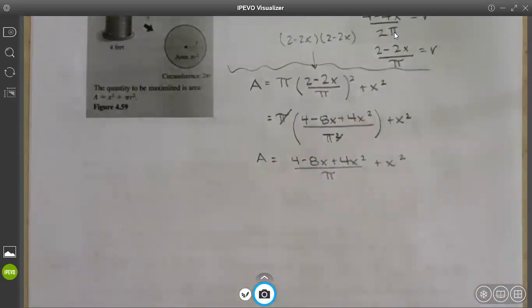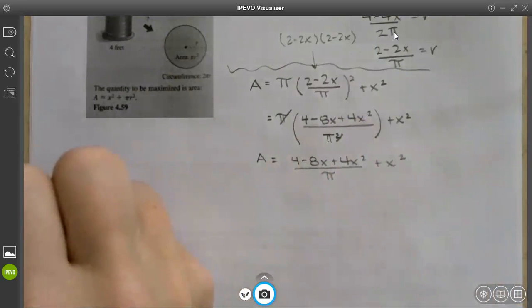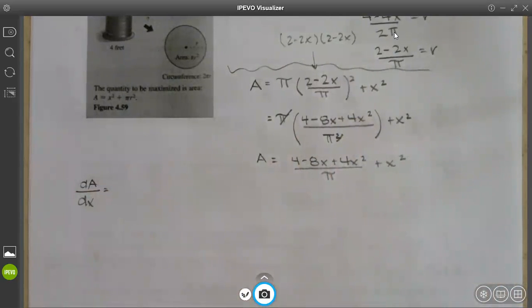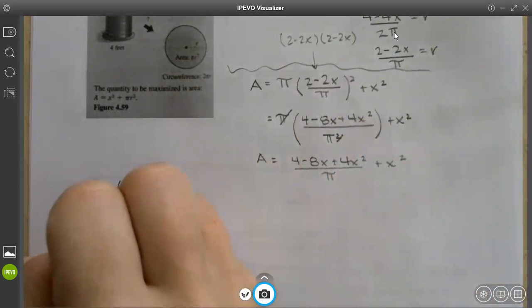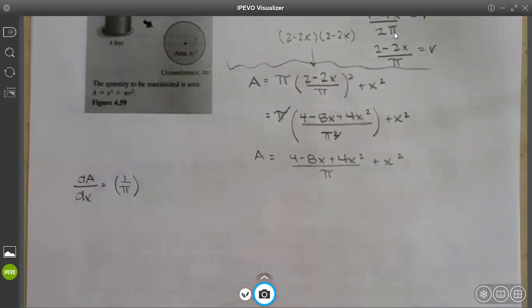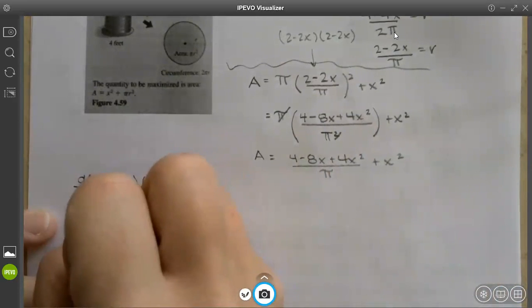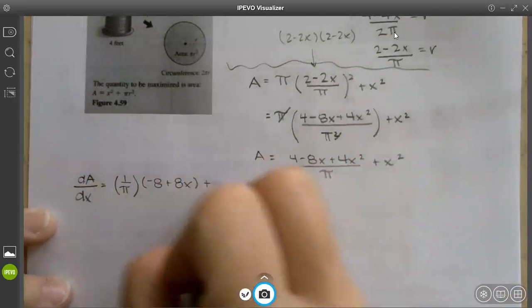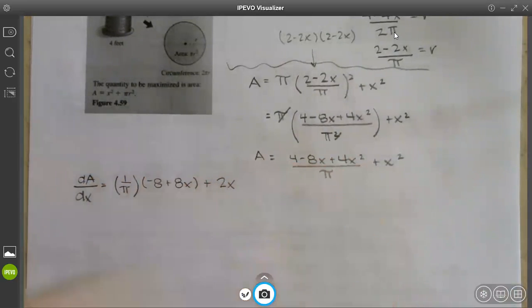So now that I've got it in terms of x, and again, you don't have to reduce it at all if you don't want to, but know that you're going to have to find that derivative. How do I find the derivative? What is pi? It's a constant, so I'll go ahead and pull it out. Now just find the derivative of the top. What's the derivative of the top? -8 plus 8x. What's the derivative of x squared? 2x. That's it.